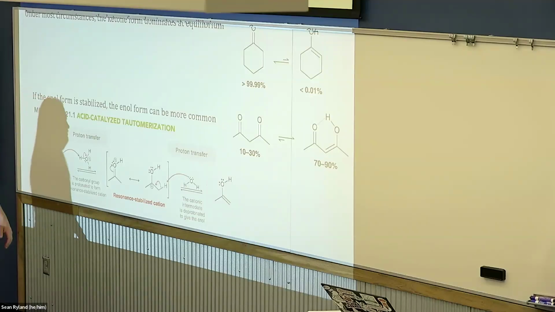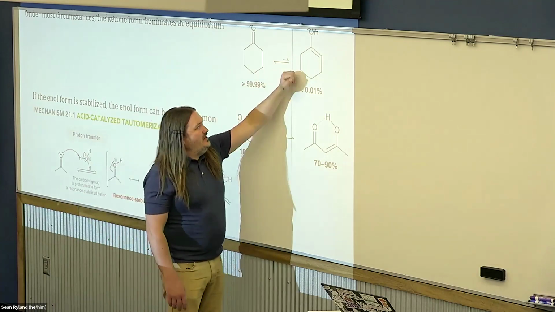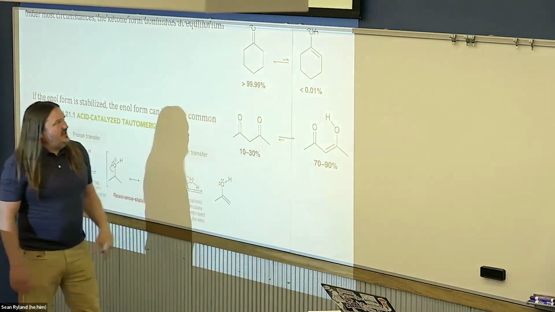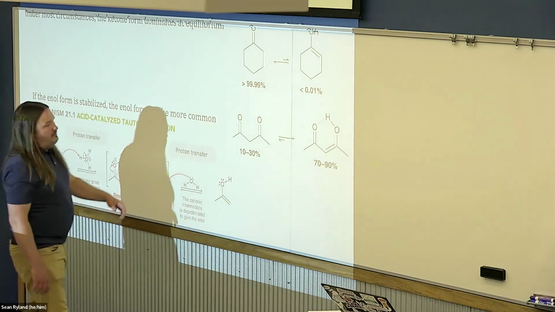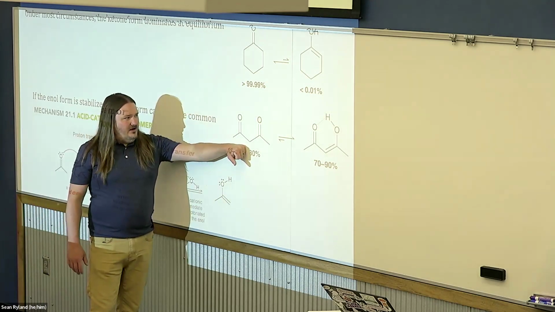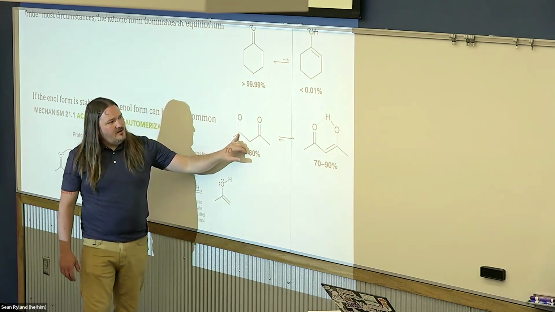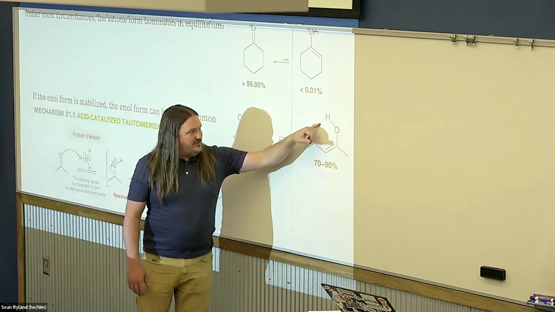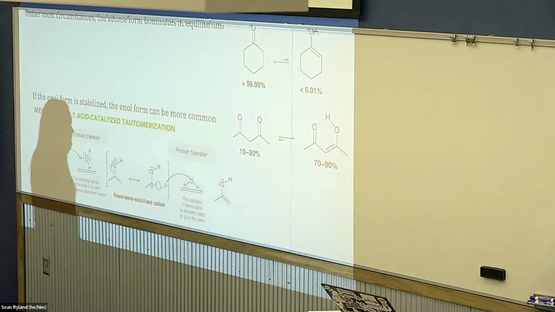And there are some other factors that go into it. So we looked at cyclohexanone versus the enol form. It favors cyclohexanone 99.99% of the time. You're going to find it in the ketone form. However, if you have a diketone on the beta carbon, because we get some extra stabilization of that hydrogen, we actually favor the enol form in that case.